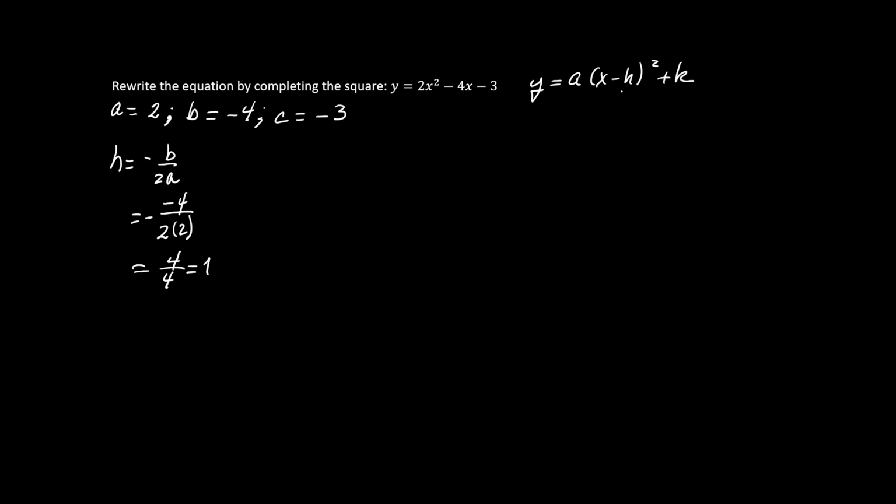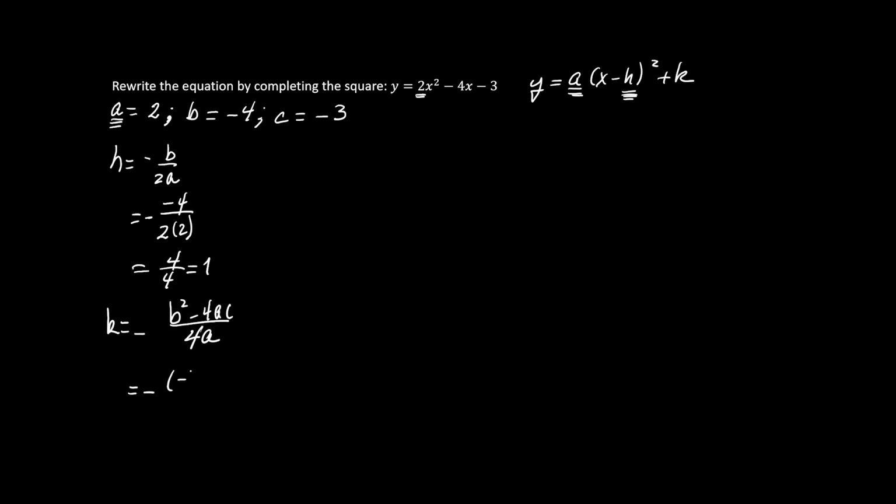So now I've finished this right there. I need K. By the way, this A is the same A over here. Okay? So K, again, is negative B squared minus 4AC over 4A. 2A over 4A. Here's negative, B squared.